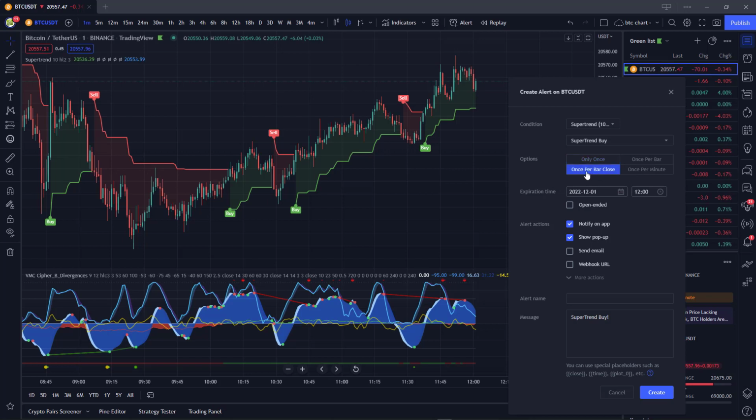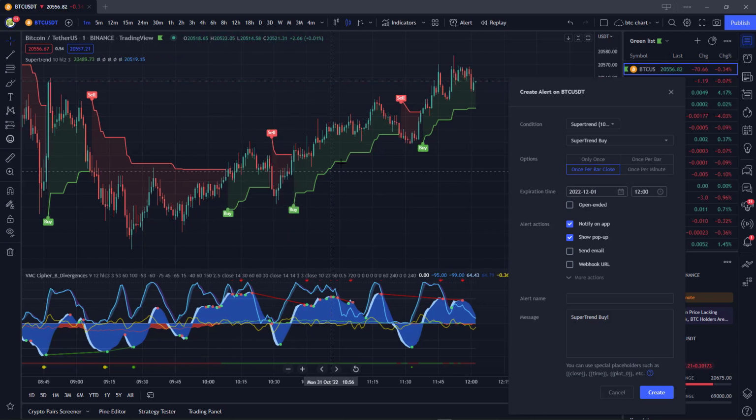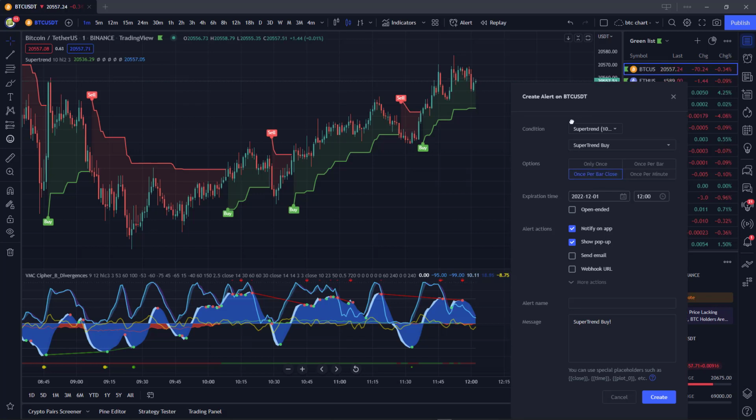Once per bar close, if you choose that one, every time you get a buy signal for Bitcoin on the 1 minute, it would buy. So in this instance, on a 1 minute chart, it could get a little bit crazy. Do you get me? It could spend too much of your money.